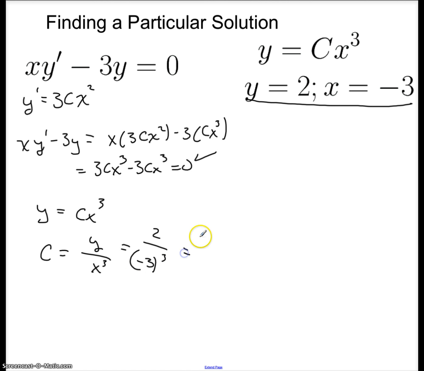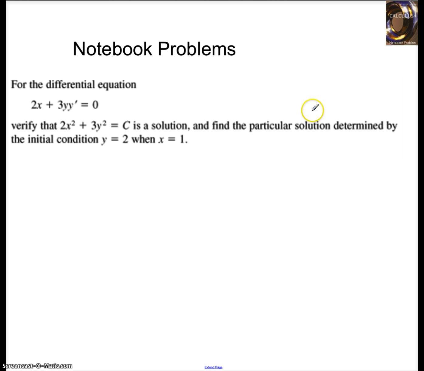So c becomes 2 divided by negative 3 times 3 is 9, 27. So my particular solution is y is equal to minus 2 divided by 27. Did I say 27? Because I wrote 29. X cubed. Now you give it a go. Stop the tape and you're done.